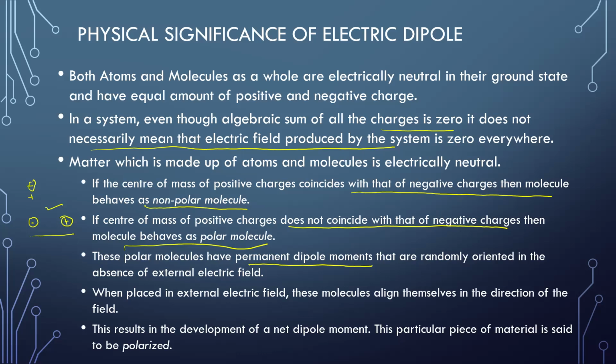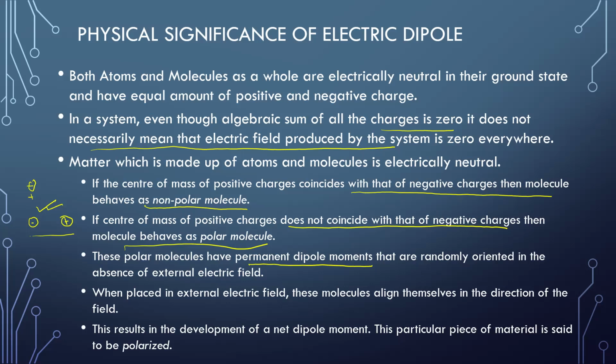If there is no electric field, then these dipoles are randomly oriented. When they are placed in an electric field, they all align themselves in the direction of the electric field, because electric field is in the direction from positive to negative.